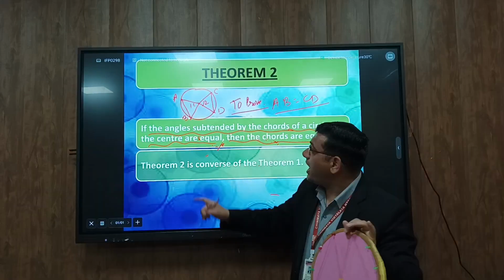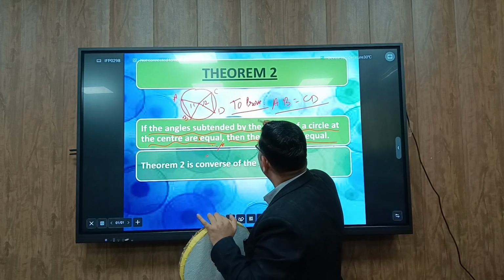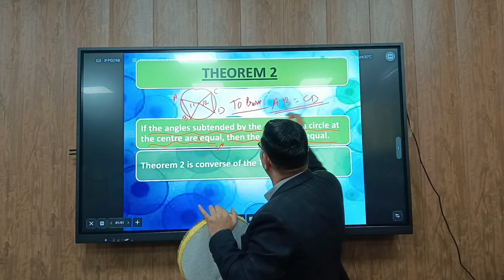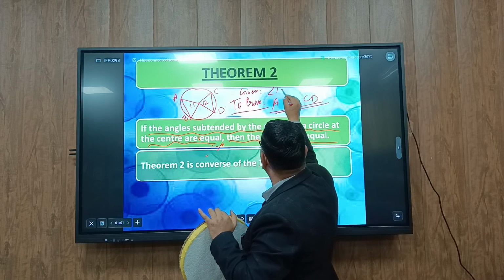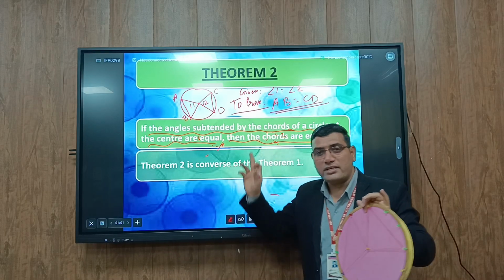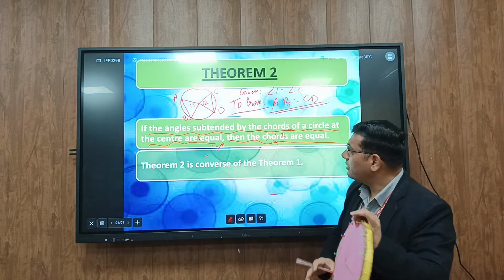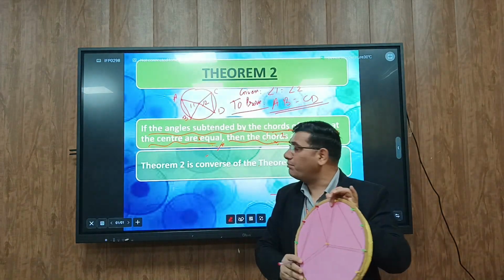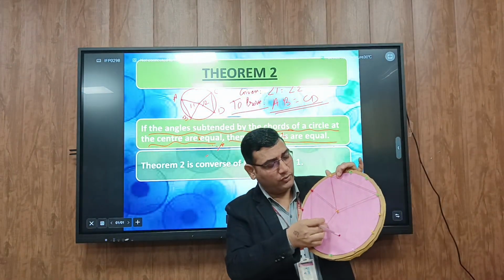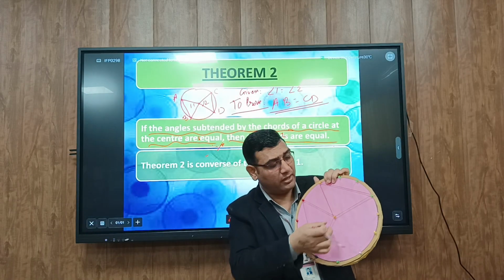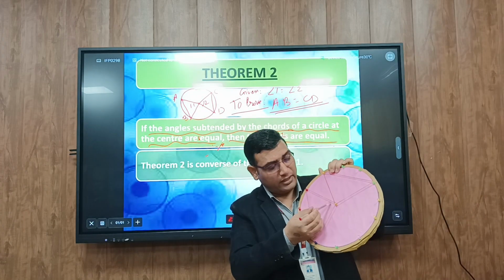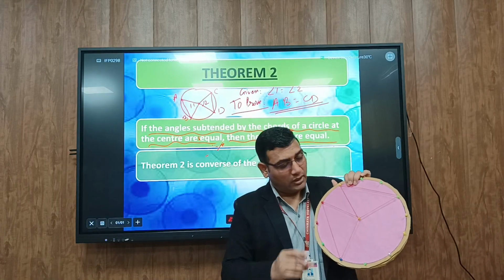We have to prove AB is equal to CD, and given is that angle 1 is equal to angle 2. As in the previous theorem, the sides are equal because they are the same radii, and angle 1 and angle 2 are equal.